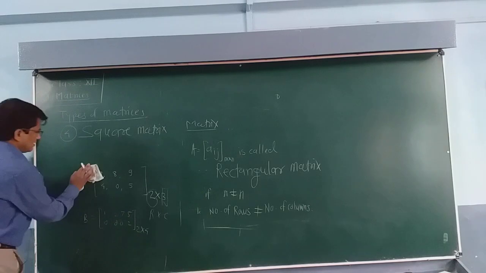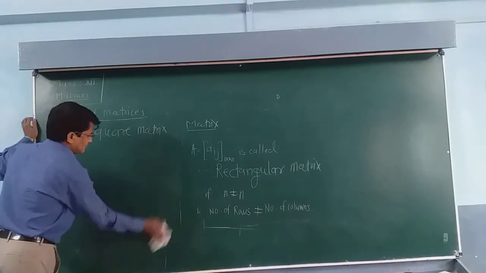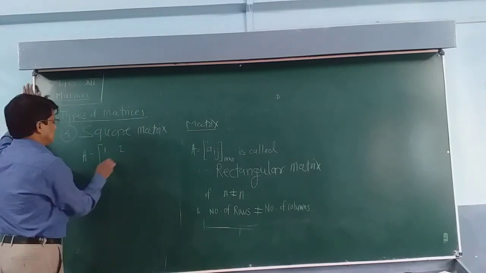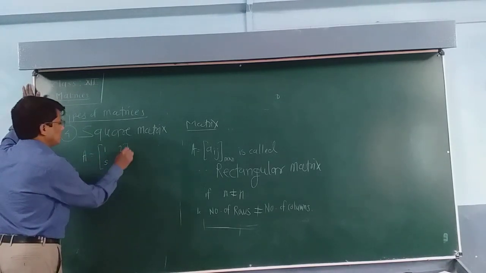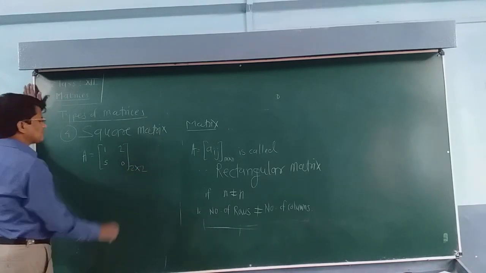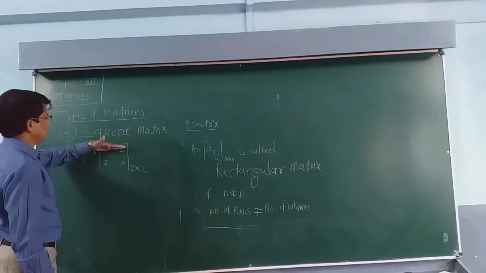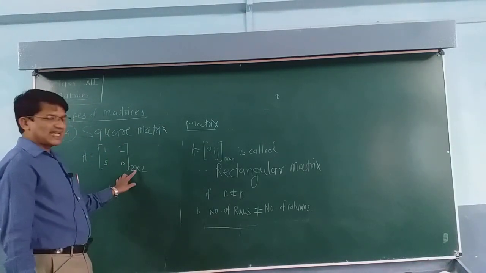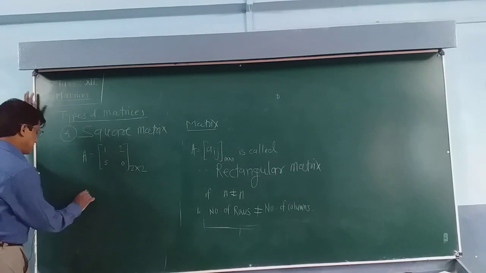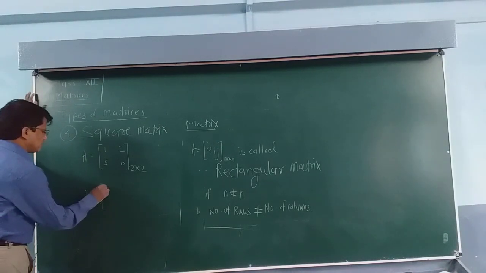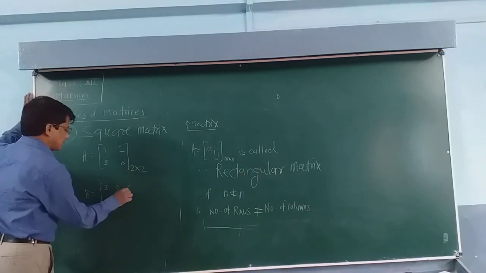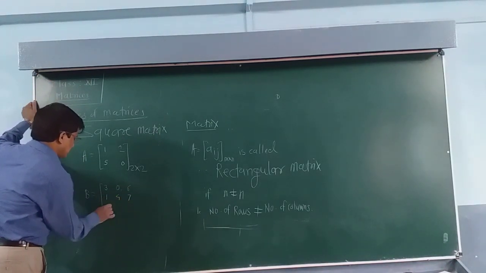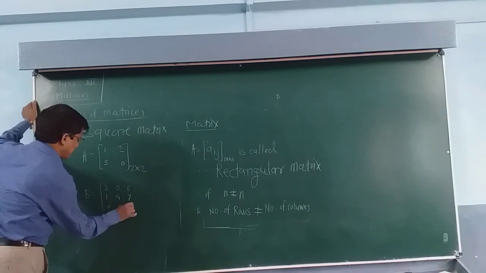For a square matrix, here suppose 1, 2, 5, 0: 2 rows and 2 columns. Look here, row number 1, row number 2, column number 1, column number 2. Second, suppose here 3, 0, 6, 1, 4, 7, 0, 0, minus 2.